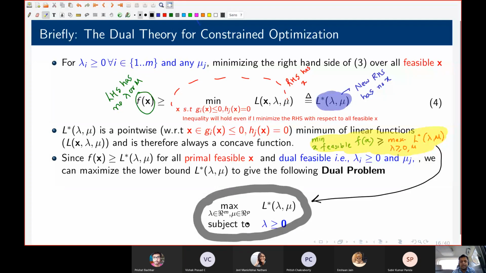Max over lambda in R^n such that lambda is greater than or equal to 0, mu could be anything, of L star of lambda, mu. And this inequality held for all primal feasible x. So it probably makes sense to retain that primal feasibility and, on the left-hand side, min over x feasible, right? So what are we saying? Basically, we have a new optimization problem. That's the dual problem.